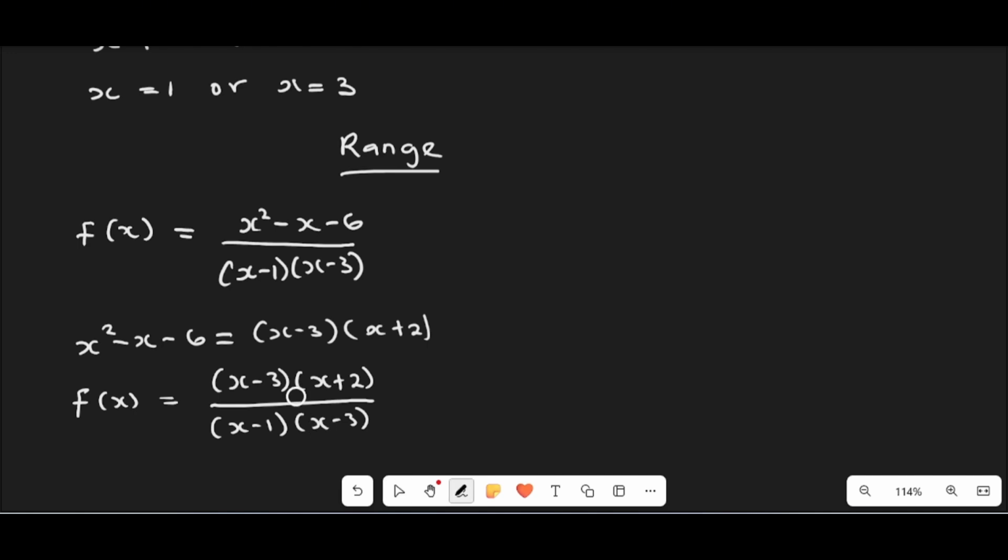So it means that at x equal to 3, we have a hole in the equation. So the equation is going to be x plus 2 all over x minus 1. And our x is not equal to 1 and 3, because at these points the function is undefined.